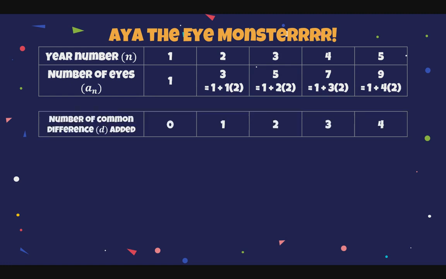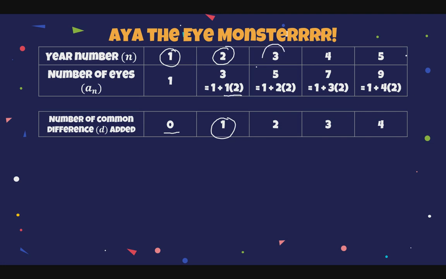As we can observe here, I added another table wherein we can see how many common differences we add to each term. On our first term, we add 0 common difference. On our second year, we added 1 common difference.